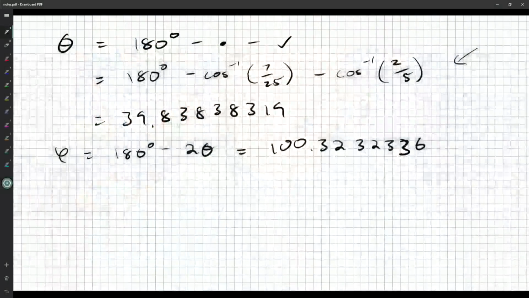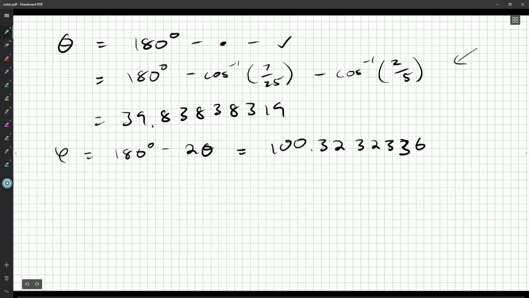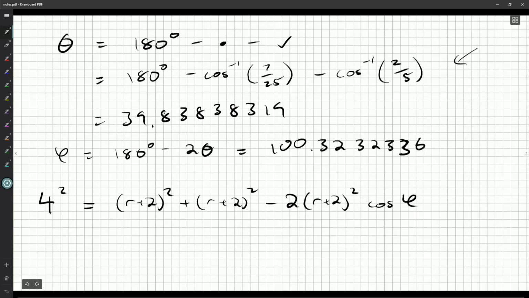Okay. So now that we've got phi, we can use another cosine relationship. So the opposite, 4 squared, is going to be r plus 2 squared plus r plus 2 squared, minus 2, and there are r plus 2's on both sides, minus 2 times r plus 2 squared times cos phi. So 16 is 2 times r plus 2 squared minus 2 times r plus 2 squared cos phi.